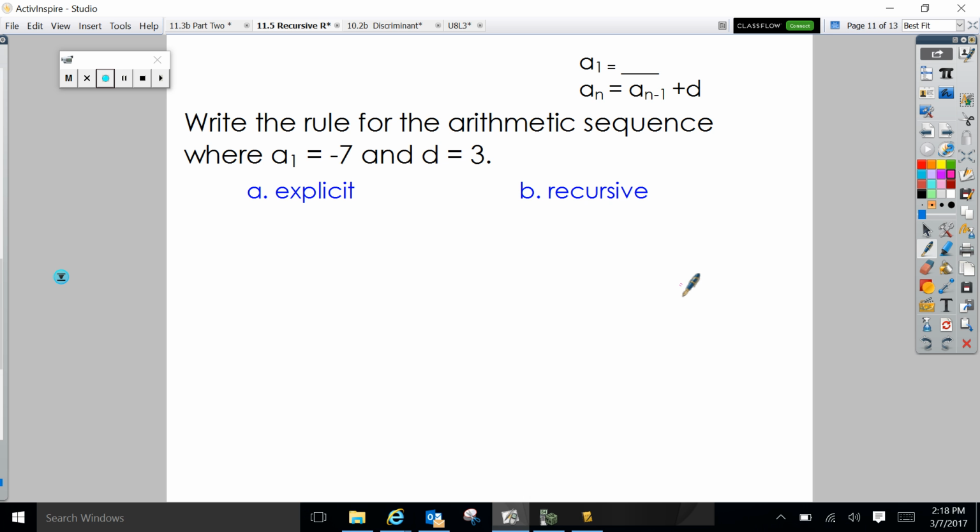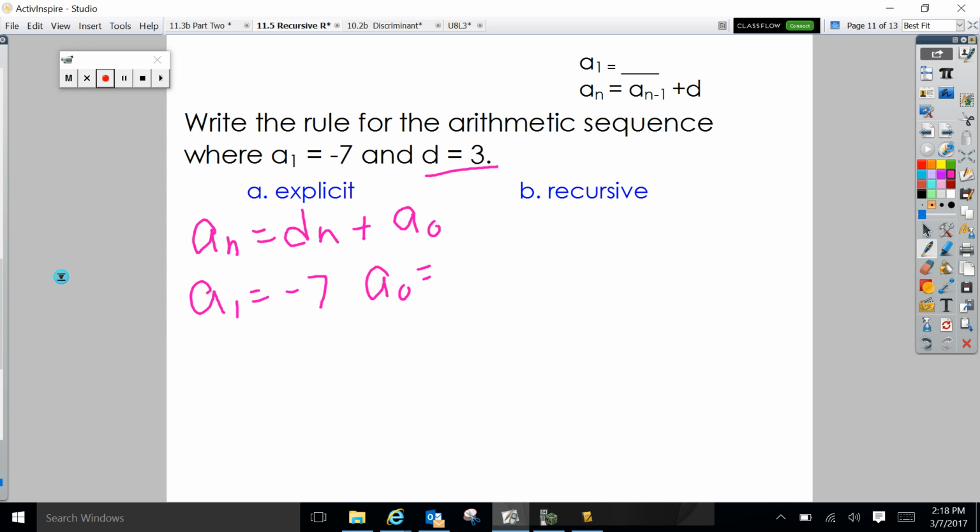So let's practice writing a rule for an arithmetic sequence. Remember, the general rule for an explicit arithmetic sequence is a sub n equals dn plus a sub 0. I gave you the first term was negative 7, and the common difference is 3, but to write an explicit rule, you do have to know your a sub 0 term.